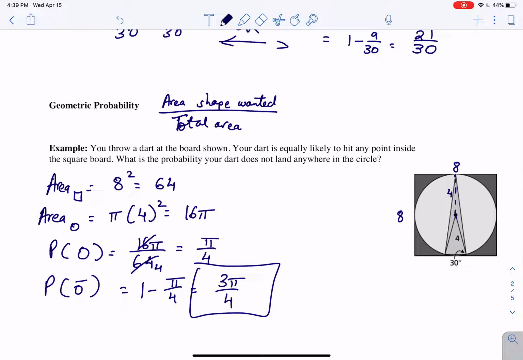For geometric probability, area formulas will be given to you, so you don't have to memorize them for now. So if you forget how to find the area of a shape, you'll be able to get that information. But mostly we want you to get the idea of thinking about total area, total outcomes, and then the specific outcomes that you want.